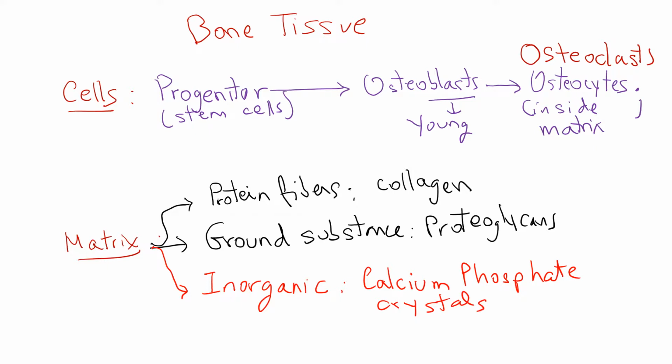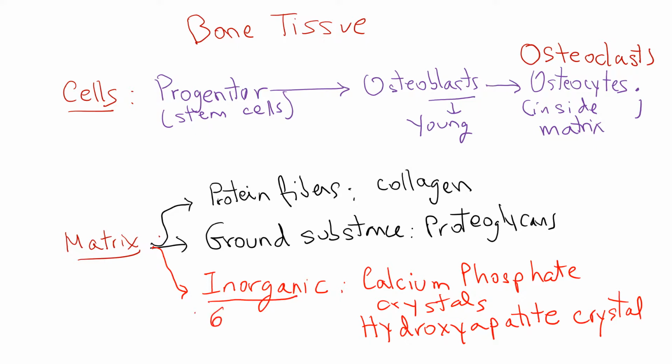Also called hydroxyapatite crystals. This component is not made by the cells of bone, but rather we get it from diet, from the foods we eat. This is the inorganic component, which represents about 60% of bone tissue.